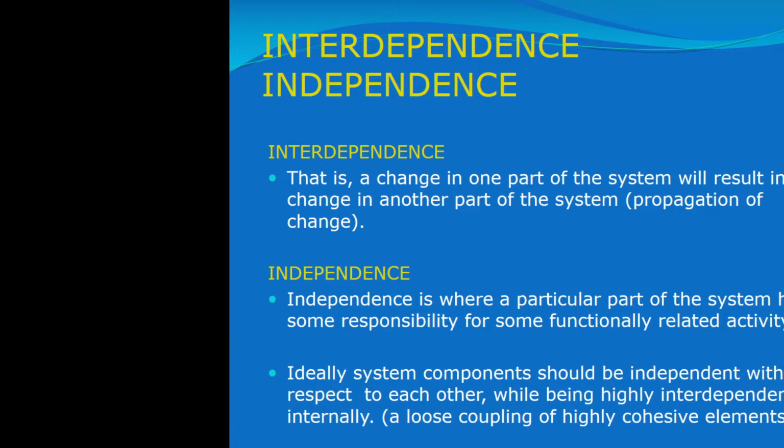Independence: a particular part of the system has some responsibility for some functionally related activity. Ideally, system components should be independent with respect to each other while being highly interdependent internally. Loose coupling of highly cohesive elements.